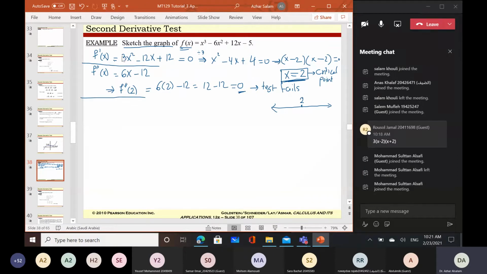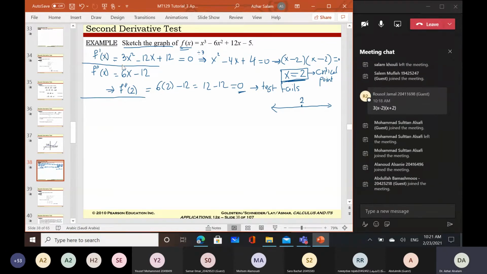I return to the first derivative and choose a number in the intervals and substitute it in the first derivative. When I choose, for example, 0, I have 3 multiplied by 0, 0, 0, 12. So it will be positive.